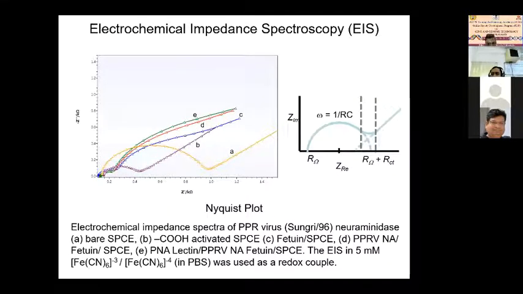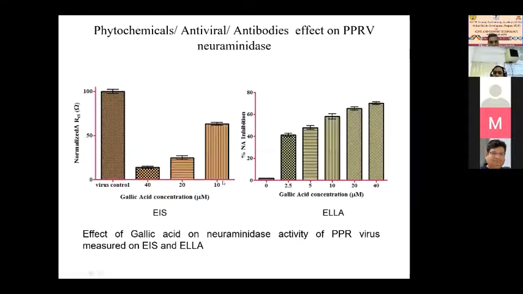This charge transfer resistance is of value to us, and we try to see the change in this charge transfer resistance when we do different chemistry or different inhibition of the molecules with respect to the neuraminidase activity. So we have evaluated different compounds, and we have found gallic acid, baicalein, and others.